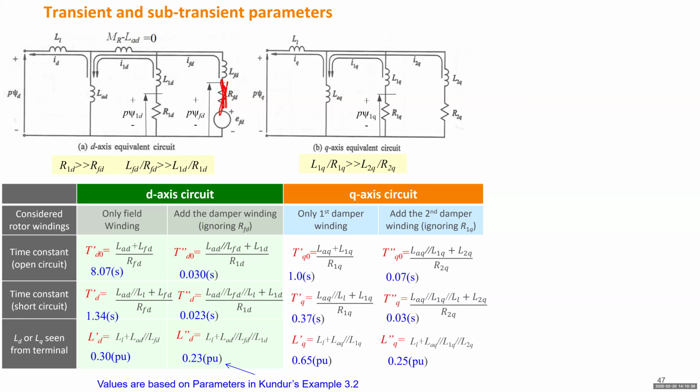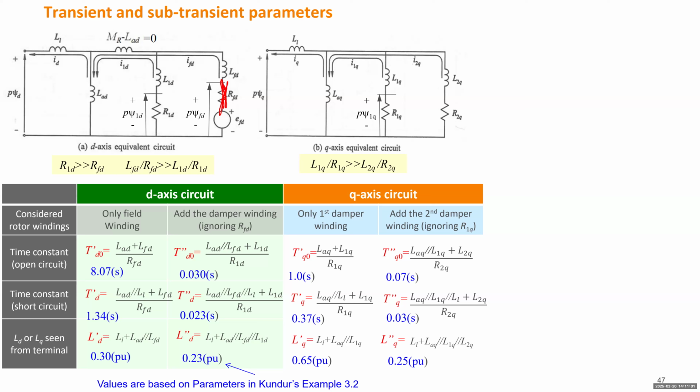And for this second column, you do the calculation, the first one is only 0.03 second, right? And 0.02. So both are less than 0.1 second. So those two are considered sub-transient time constants. So it's called the sub-transient time constant for open circuit condition in DSs. Okay, and this is for short circuit condition.